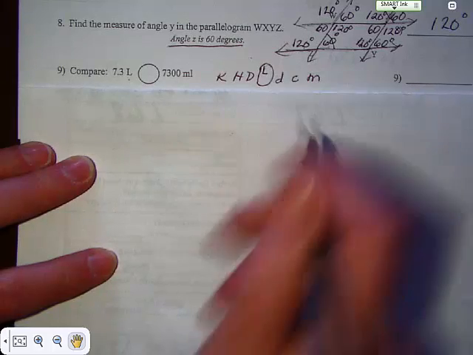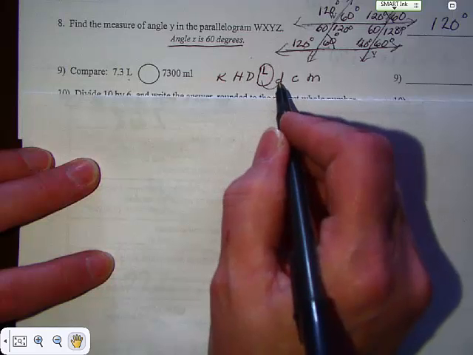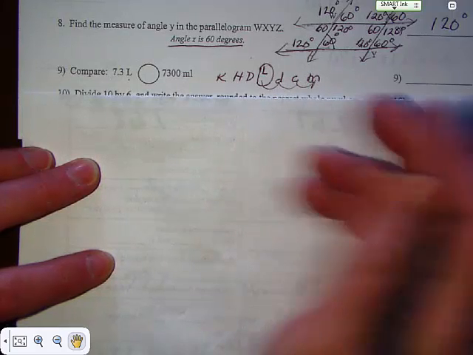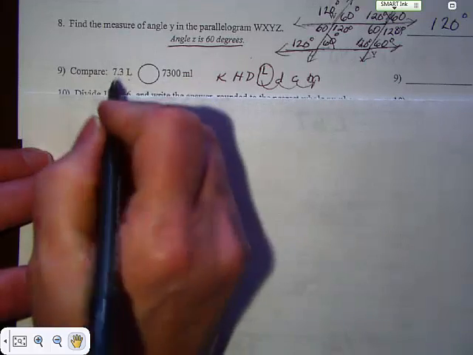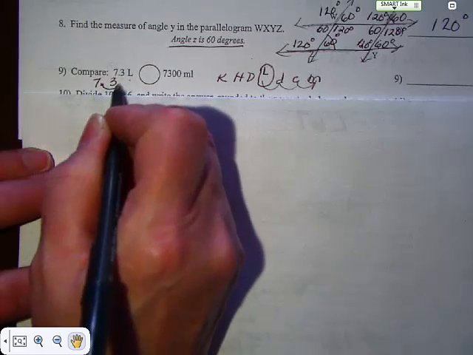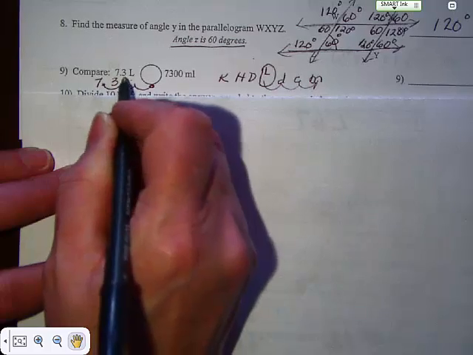Here's our liters. We're going to milliliters, so we're going to go 1, 2, 3 to the right, which means we're actually moving a decimal to the right. So we'll rewrite our 7.3 here, and we're going to go 1, 2, 3 to the right, put in our zeros, take out the old decimal place, and guess what? It shows that we're equal. So we would write equal over here.